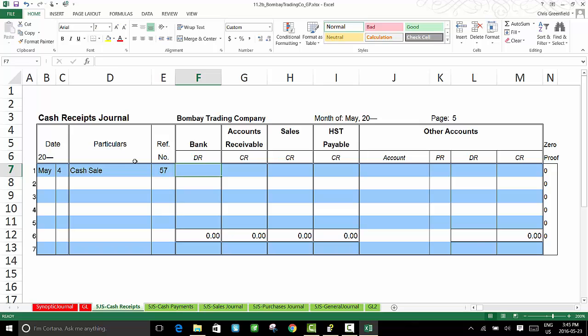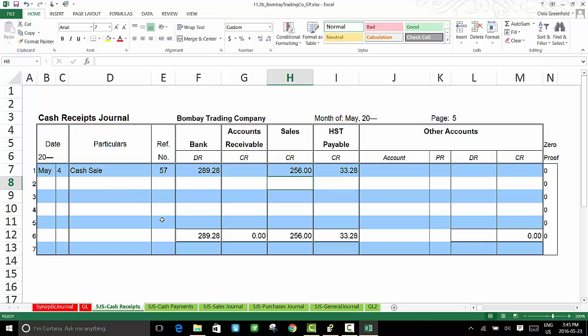We are receiving the full amount in cash, which is $289.28. So we're going to put that into this account. Along with that, we have a sales entry of 256. That represents the value of the goods we sold in terms of revenue. And then we have our HST payable, which is 33.28.